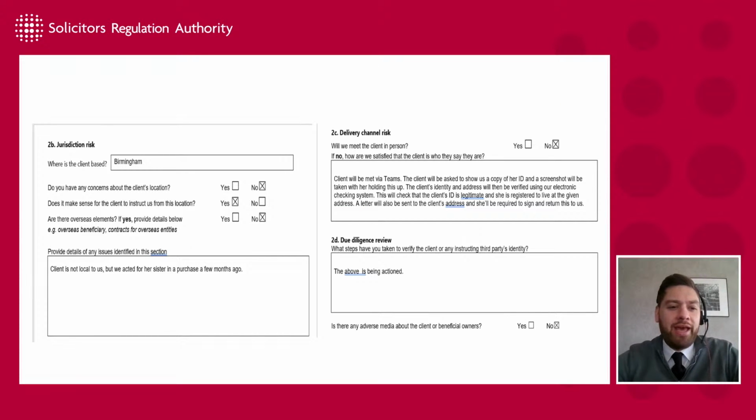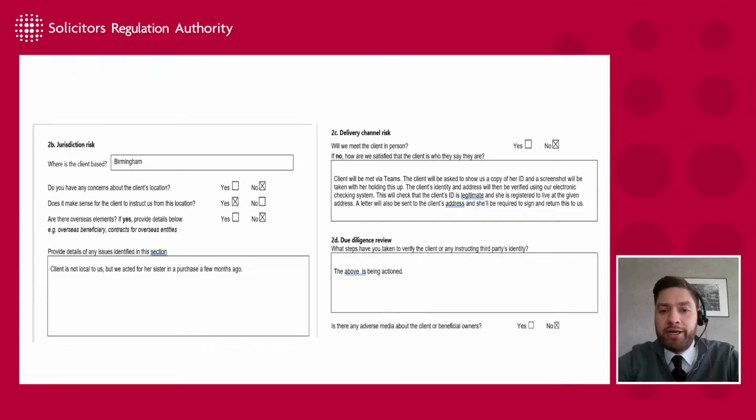Thanks, Michelle. So section 2 of the template focuses on any initial risks that you may have identified. This is split into three different subsections: client risk, delivery channel risk, and jurisdiction risk. As you can see, the template contains various prompts that you should consider and provide an initial assessment of.